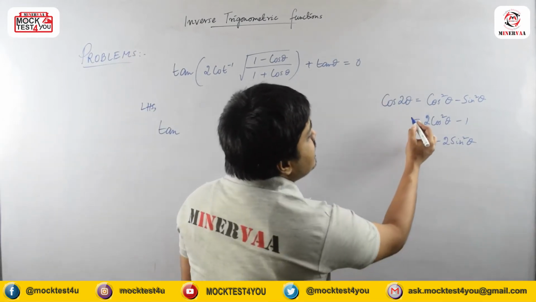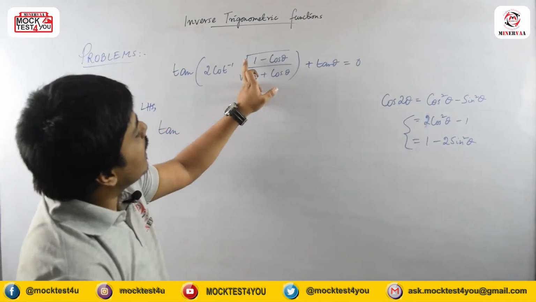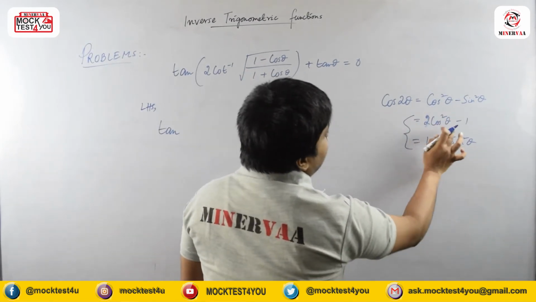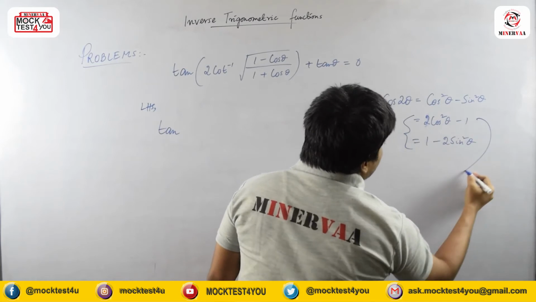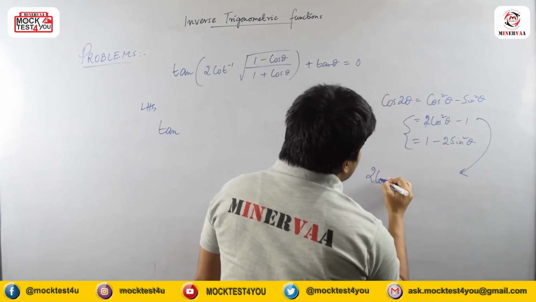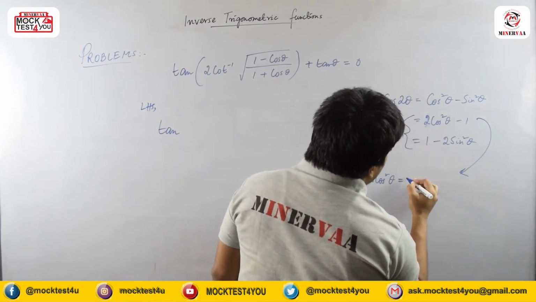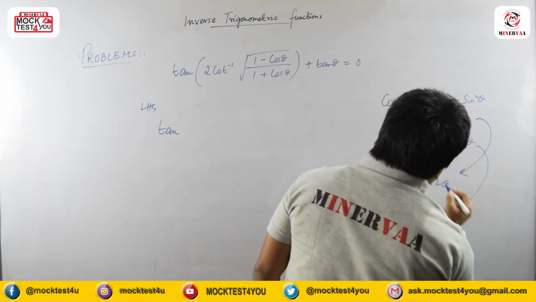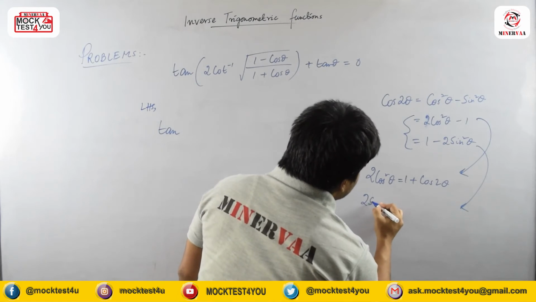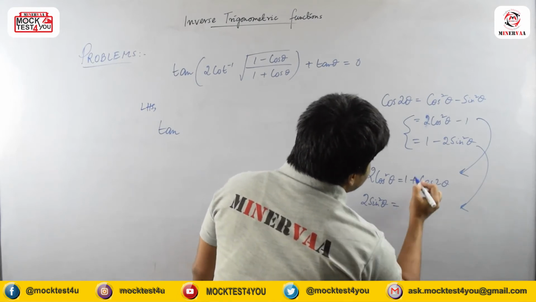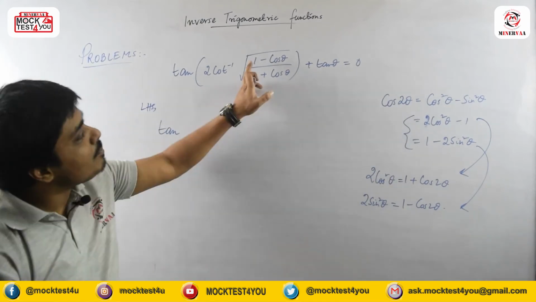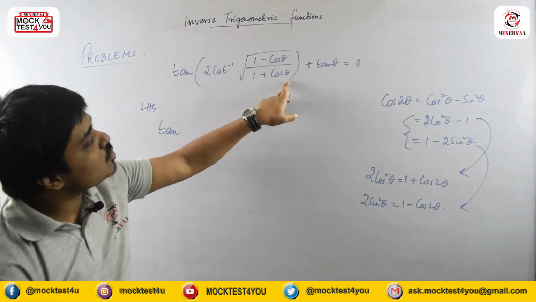Using these, I will try to write 1 minus cos theta and 1 plus cos theta. So from this, we are getting 2 cos square theta is equal to 1 plus cos 2 theta, and from here we are getting 2 sin square theta is equal to 1 minus cos 2 theta. So you see here 1 minus cos and 1 plus cos in there.